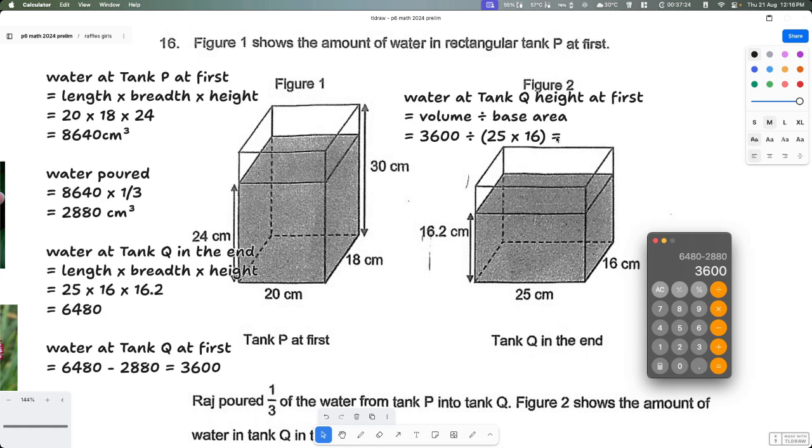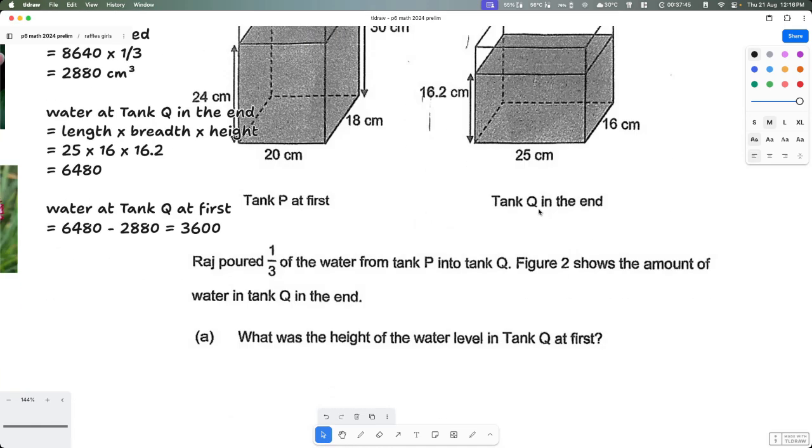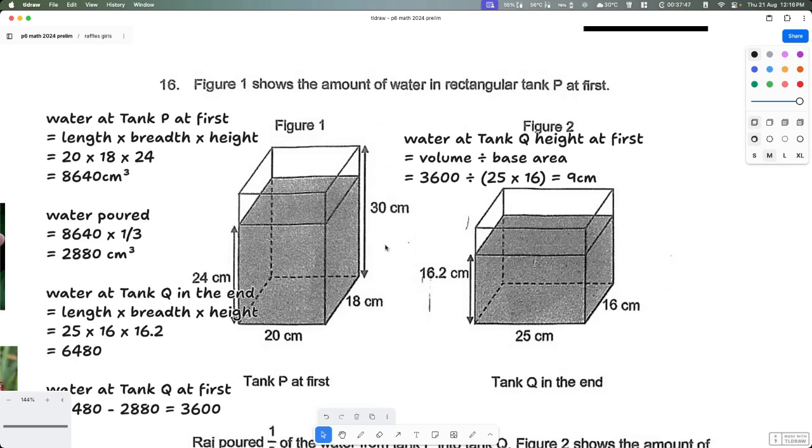Let's use our calculator: 3600 divided by brackets 25 times 16. That gives 9. So 9 centimeters. There you go. So the answer is 9 centimeters for the first question.